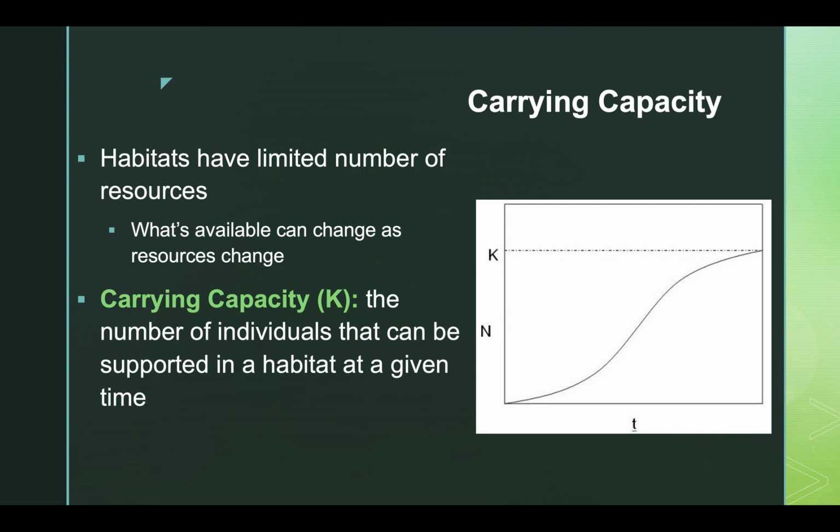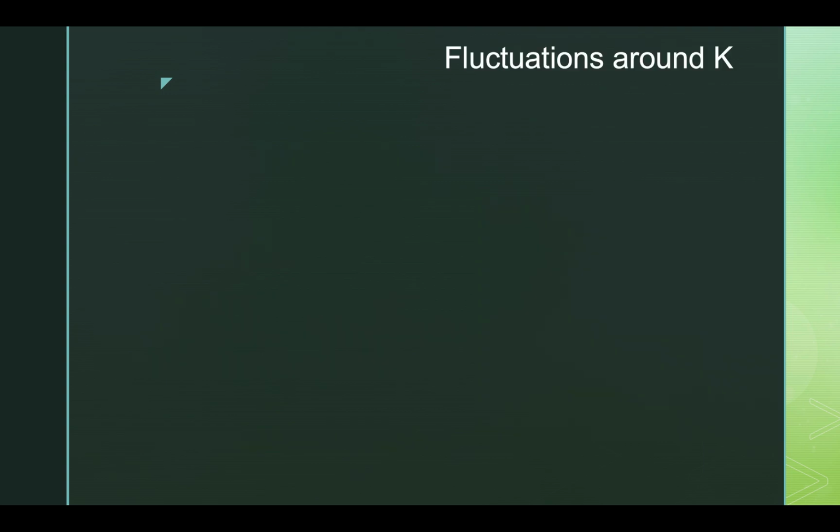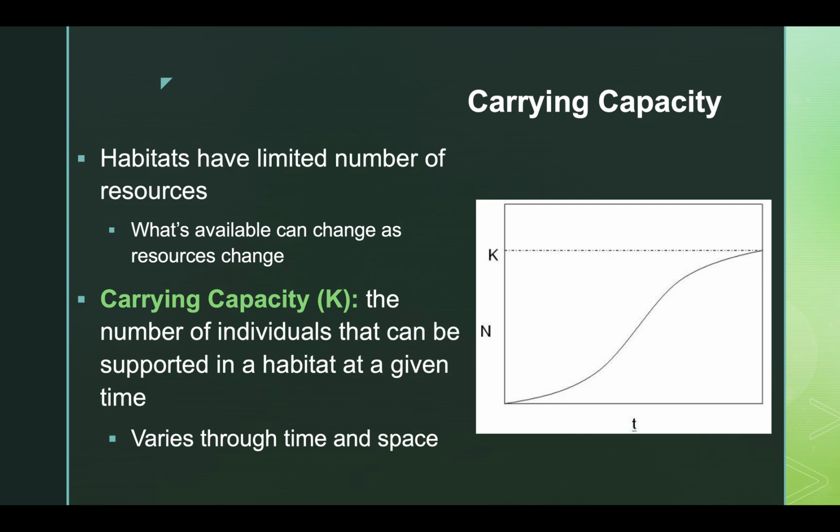So again, this is the idea that the habitat, based on the limited number of resources, can really only sustain a certain number of individuals before the resources are maxed out. Again, this can vary through time or space. This is not a totally stagnant metric. The other thing is, what we just looked at is pretty clean, right?